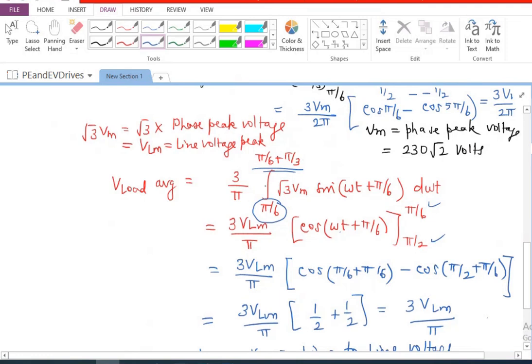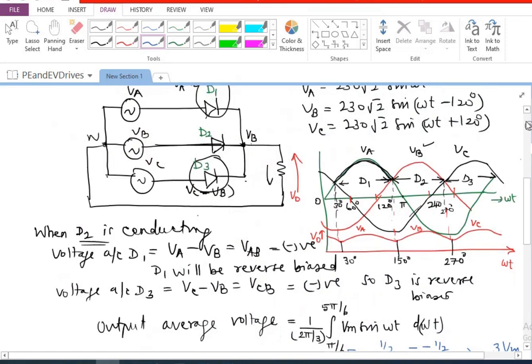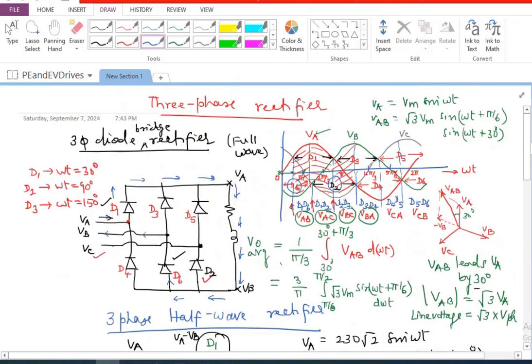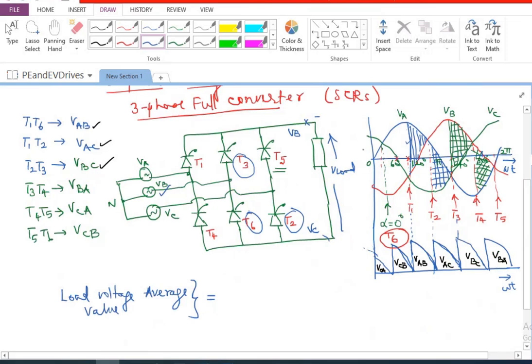That is, whatever is the beginning, from there we have to have another 60 degrees added as the upper limit. So pi by 6 is the starting point because we said the starting point happens to be here, which is corresponding to half of the 60-degree interval. So that is why we called this point pi by 6. If you look at what we have drawn here, the natural point of conduction is this, which is corresponding to omega t equal to pi by 6.